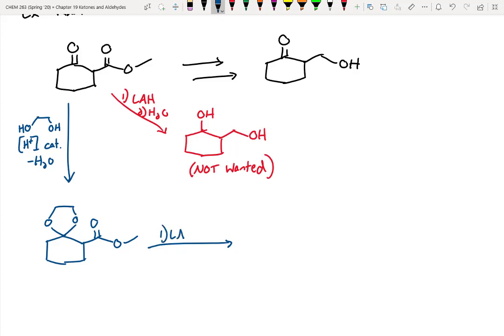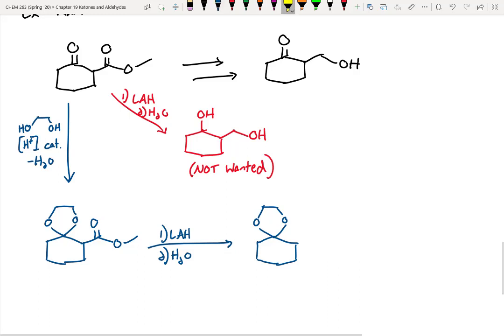Now at this point, we've got things protected. I can treat this with LAH and then treat it with water to work it up. The protecting group is just going to stay put. It's not going to do anything. But this ester over here will react with LAH, so this will give us the reduced ester, which gives you a primary alcohol.